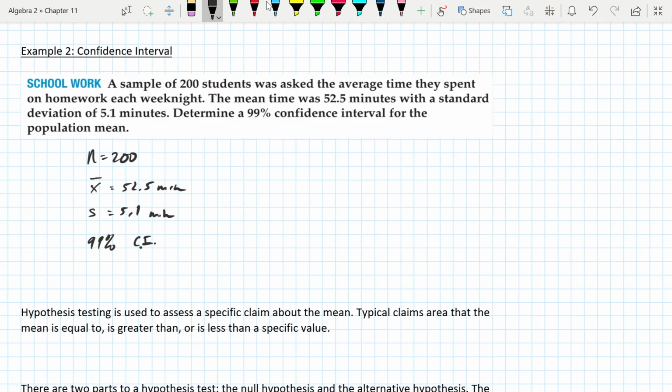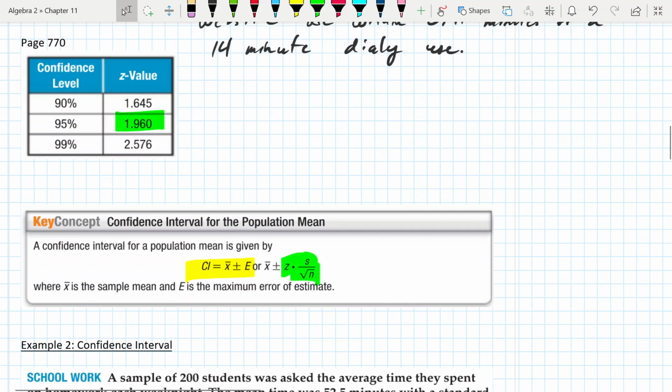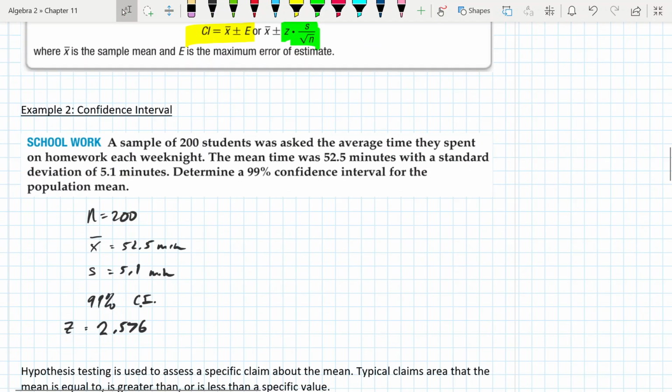Now, here we go. 99%. Looking at your page 70 number there, I see that that is a z-value of 2.576. And it seems weird that we're using this little table, right? We got this table, we're using it. That's just what you do. There's ways to calculate it out for other levels of confidence, but you're generally going for one of the pre-established ones, 85, 90, 95, 99.